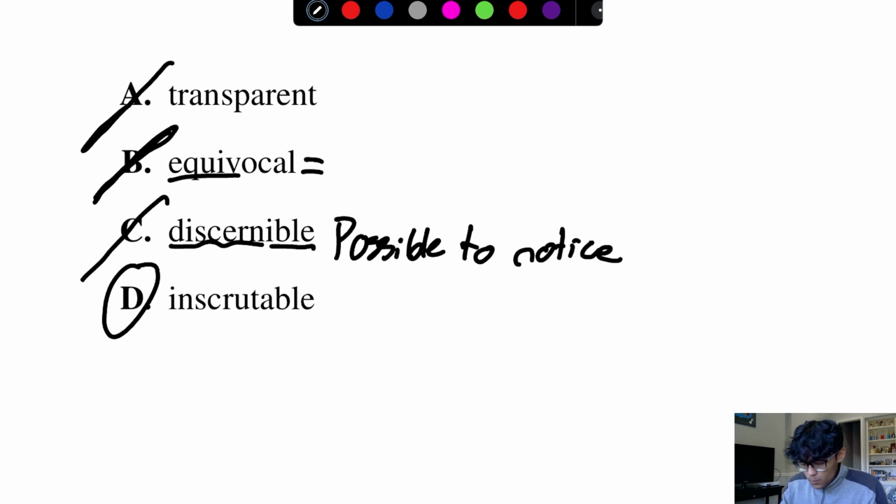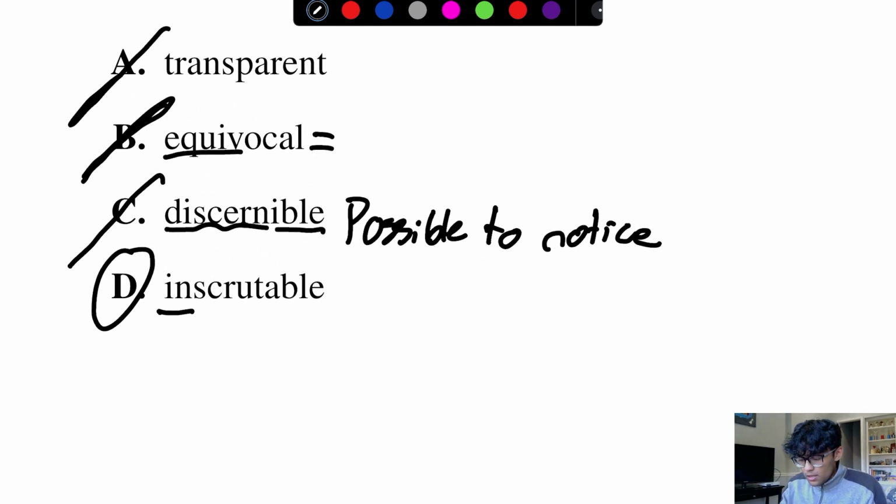So I mean, if we just break this down as well, in means not, and scrutable is actually pretty similar to discern. So I mean, scrutable kind of sounds like scrutinize. You can scrutinize something. You can like look at it closely. So scrutable probably means that it's possible to figure out something along those lines, right?